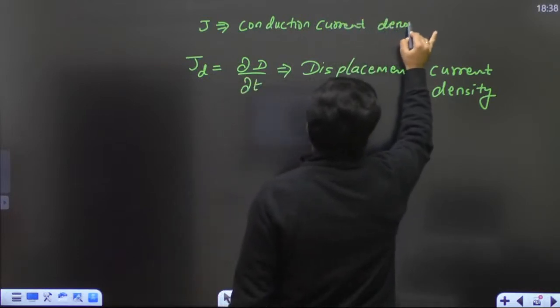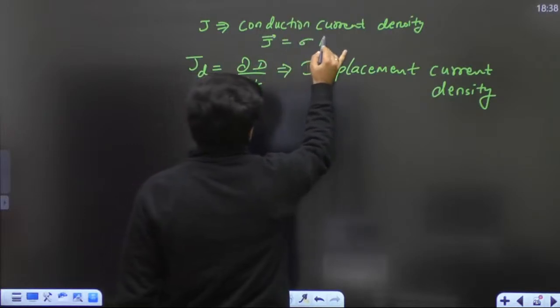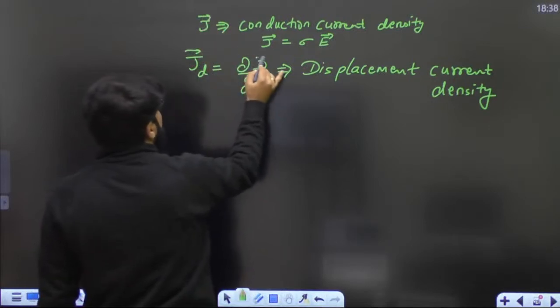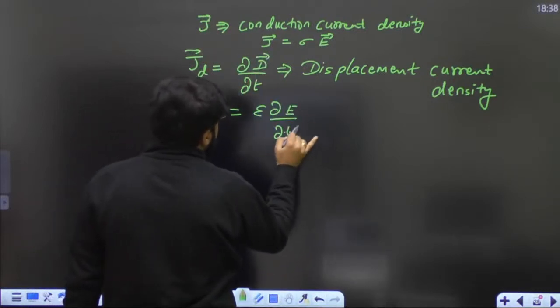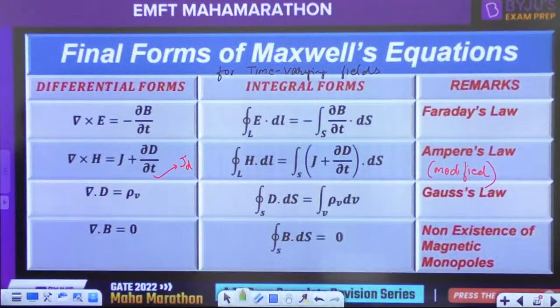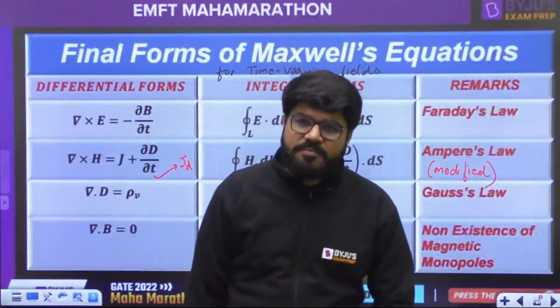The conduction current density is given by the formula sigma into E. JD is given by del D by del T, or it can be epsilon del E by del T, because D is equal to epsilon E. So we can also write it as epsilon del E by del T. So this is the displacement current density, one of the modifications given by Maxwell.